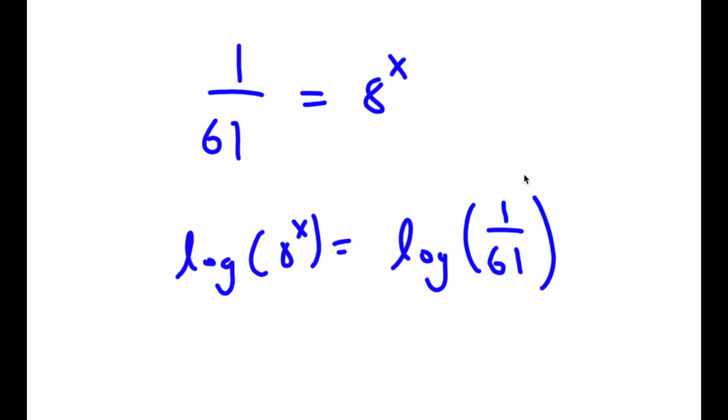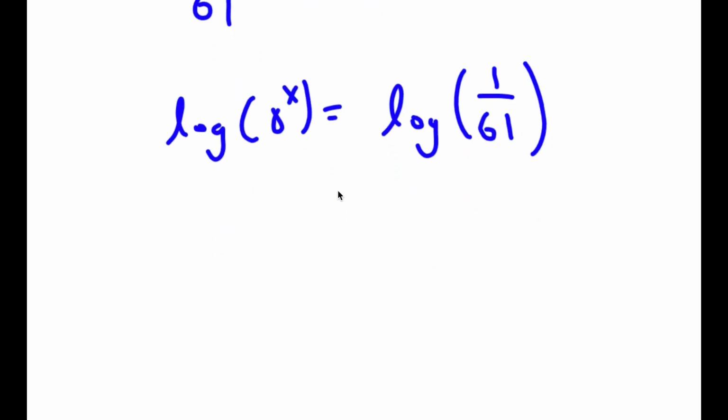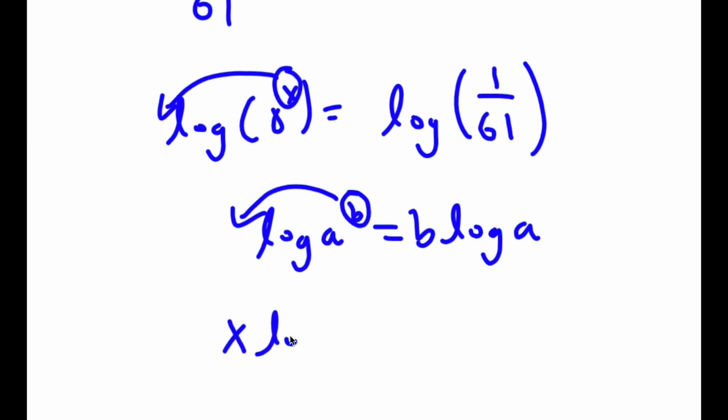Now, 1 over 61, that's the same thing as, actually before I do that, if I have something in the form log a to the power of b, I can move my exponent b to the front, so this is equal to b times log a. So in this case, I have log a to the power of x, and I can move x to the front. So now I have x times log a is equal to log of 1 over 61.